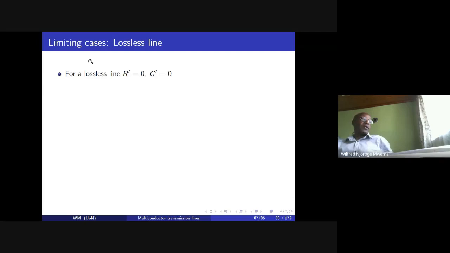So we will now look at what we call limiting cases for the lines. In many cases, very good lines will have the series resistance per unit length equal to 0, and the shunt conductance per unit length equal to 0. That is, we have perfectly conducting conductors and a perfect dielectric between the conductors.